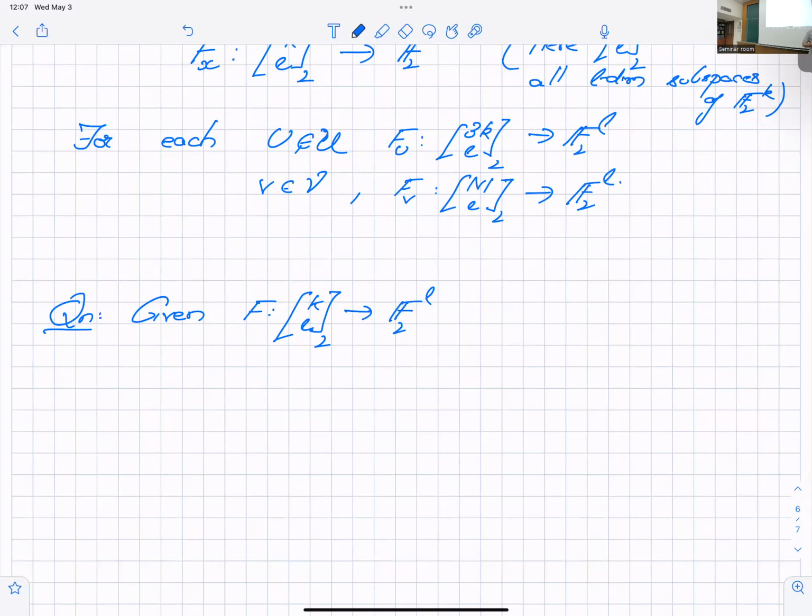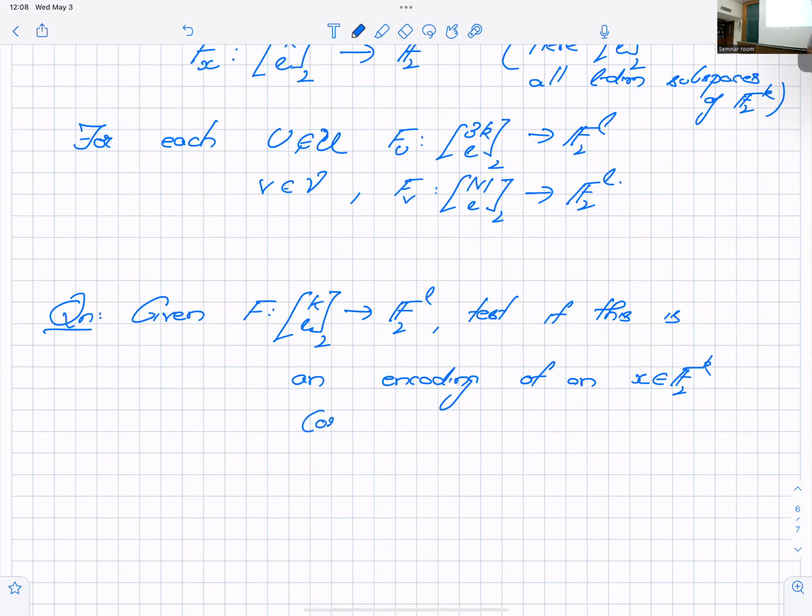Given this, I want to test if this is an encoding of an x in F_2^k, or equivalently, is it a restriction of a linear function?